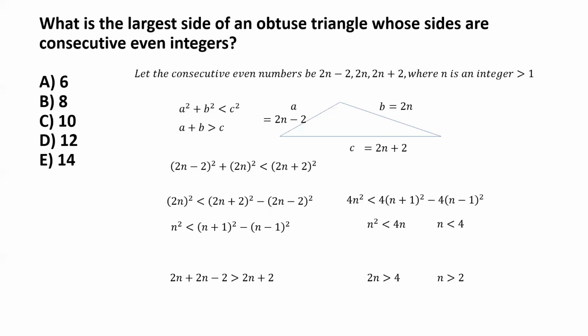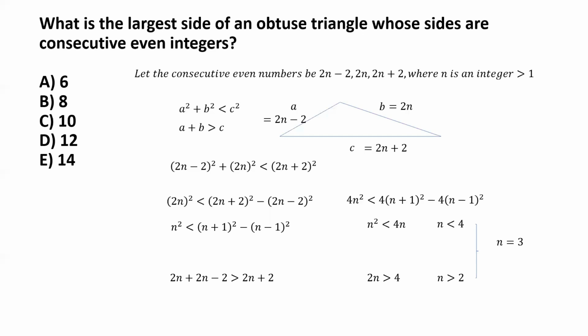So if n has to be an integer and it has to at the same time satisfy both of these inequalities, then the only possible value of n is n equal to 3, because it is less than 4 and greater than 2, and the only integer value that satisfies these two inequalities simultaneously is n equal to 3.